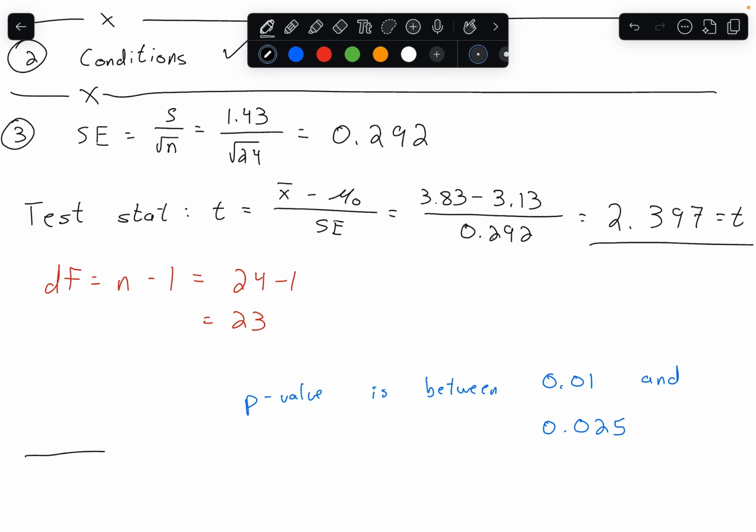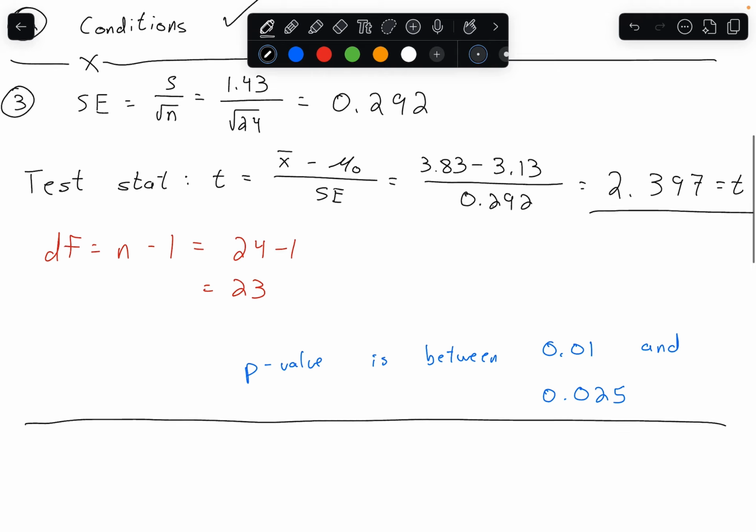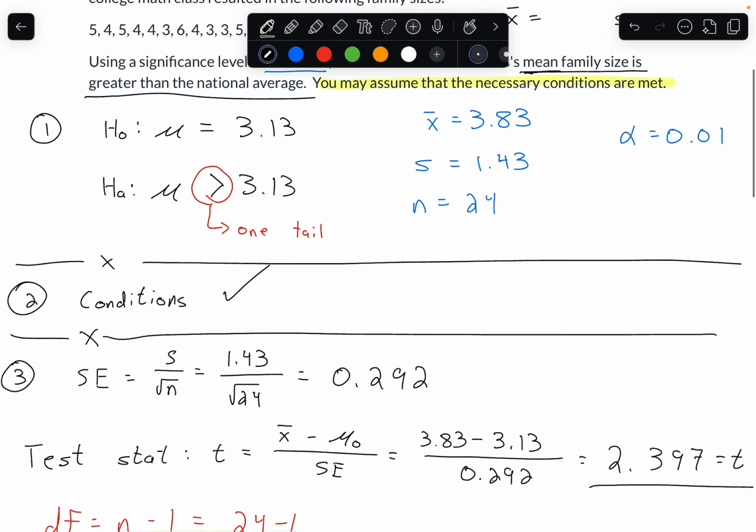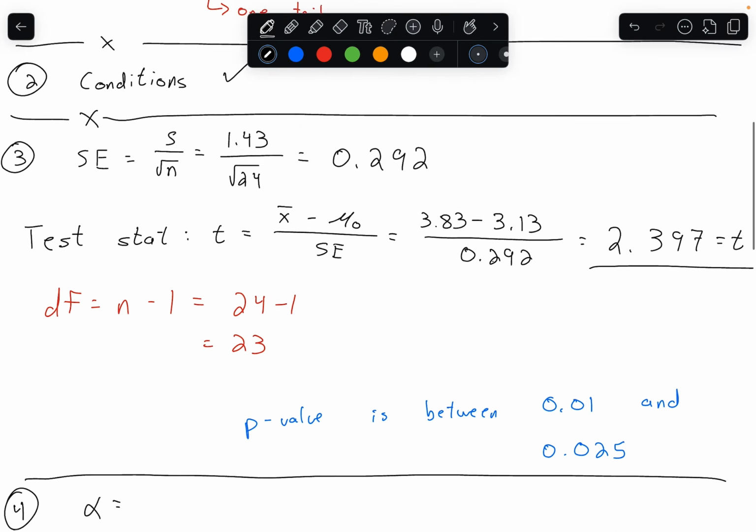So we've got our calculations, our p-value, our test statistic. That's what we needed in step 3. Now in step 4, we can make our decision and then talk about what that decision means within the context of our problem. Our alpha, let me scroll back up here, we said alpha was 0.01.